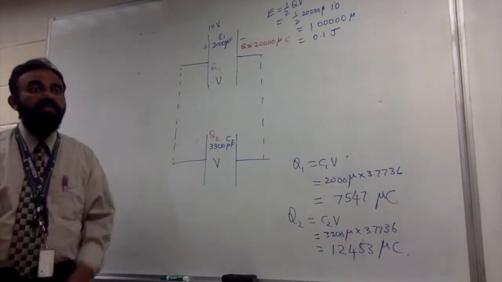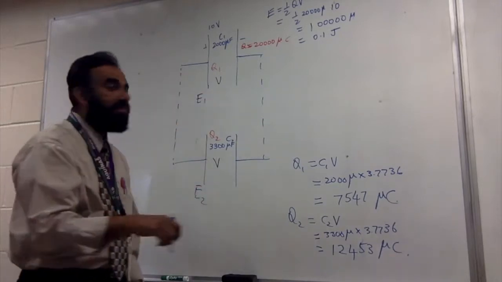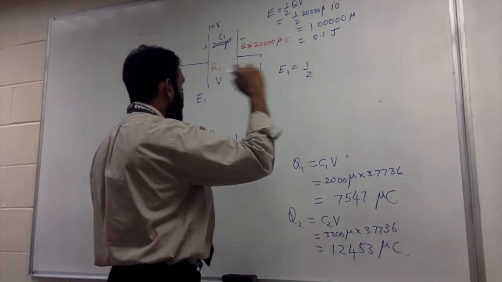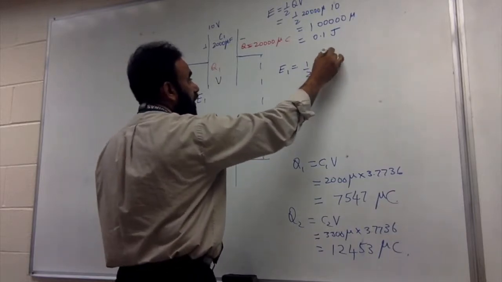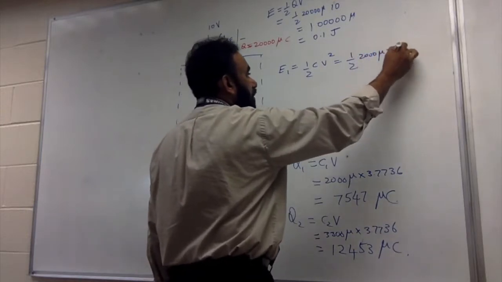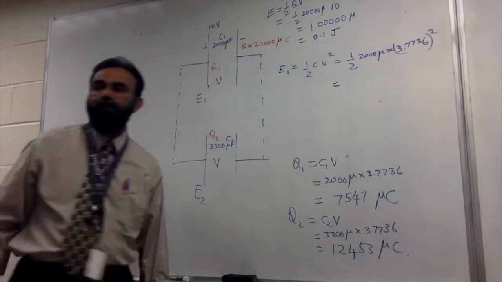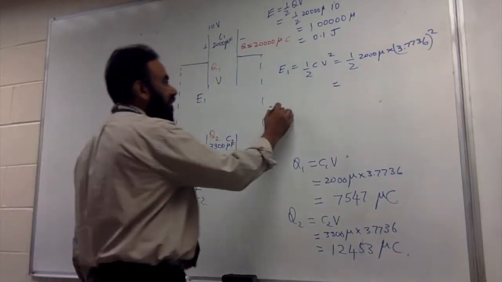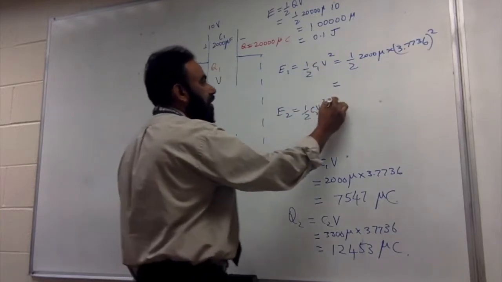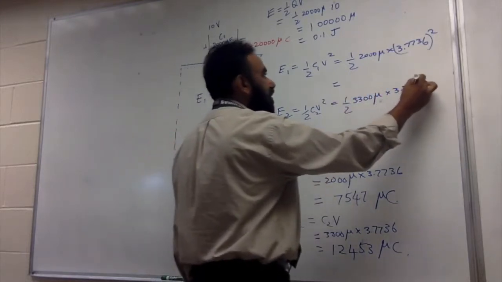So after you connect it, this one has energy E1, this one has energy E2. Let's find that out. After connections, what is E1? Half CV squared, you can do that. Half 2,000 micro V squared, 3.7736. I'm just keeping that as it is. How much is that? Find it out. Same way, find out E2 is equal to half CV squared, half 3,300 micro times 3.7736.